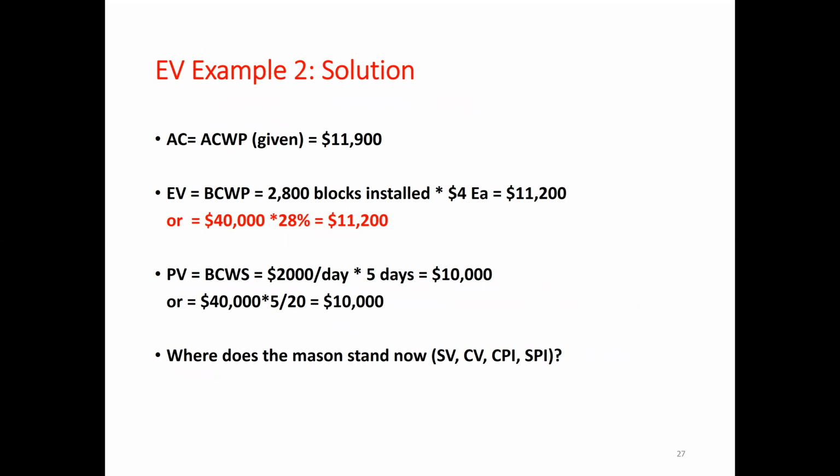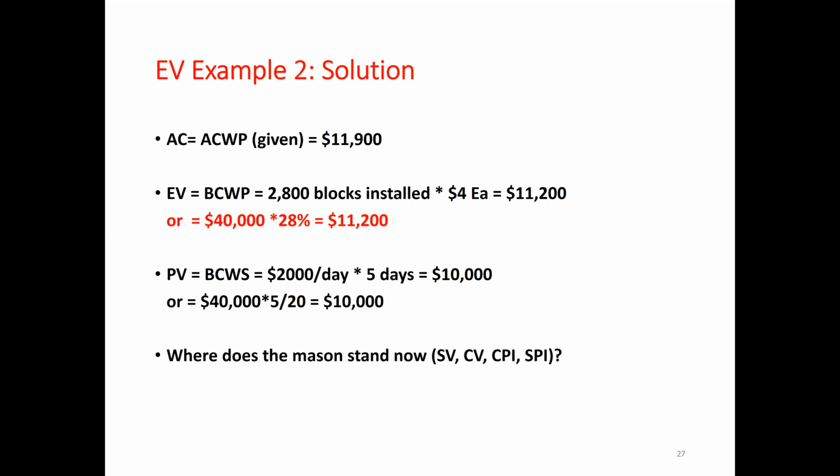Now we calculate these values. AC is given to us: the actual cost of work up to 5 days. He spent $11,900. EV is the budgeted cost of work performed. We have two ways to calculate it.